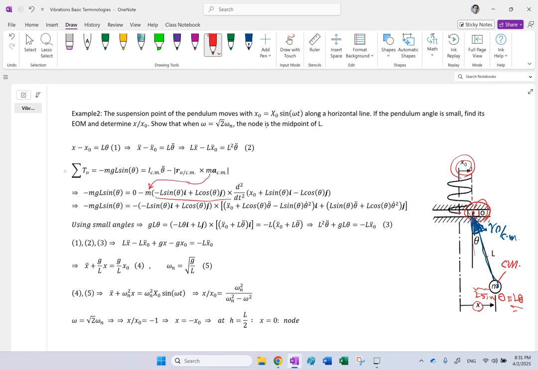And for A_CM, what I did is first I calculated the position of the centroid. The position of the centroid is what? For x of it, it is x naught plus L sine theta. I add these two components together. That is going to give me my x. And then in the y direction, I go down by L cosine theta. So it's negative L cosine theta for y.